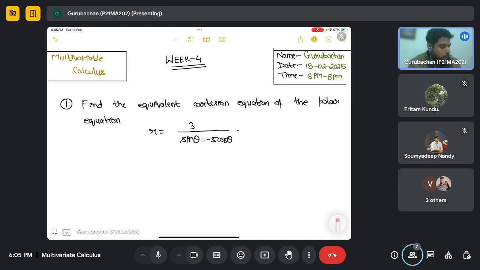So we need to find out its Cartesian equation, and we have given the polar equation. So try it first, then we will discuss here.